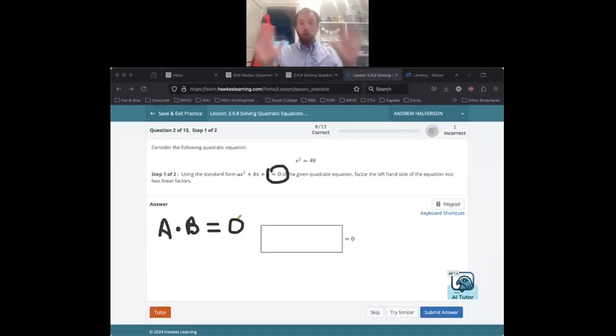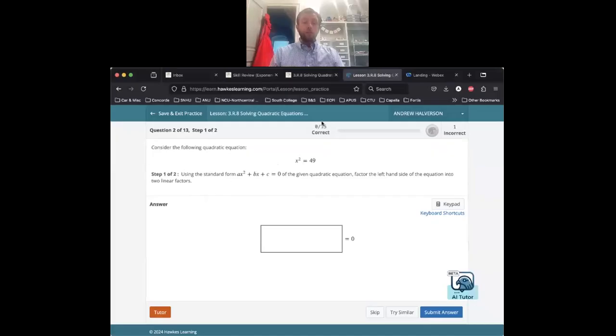If the product is 0, either A is 0 or B is 0. They could both be 0 too, since 0 times a number is 0, or 0 times 0 is also 0. That's the whole goal when we solve quadratic equations by factoring: we want to factor it and set it equal to 0, because one of them is going to be 0. That's the gist behind it all.